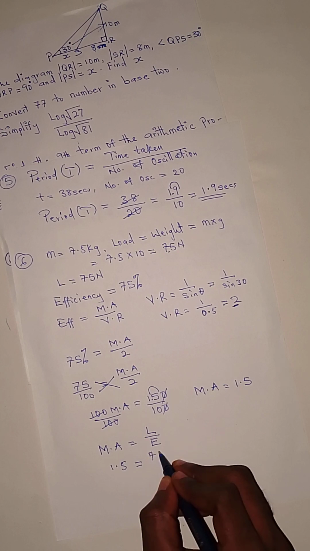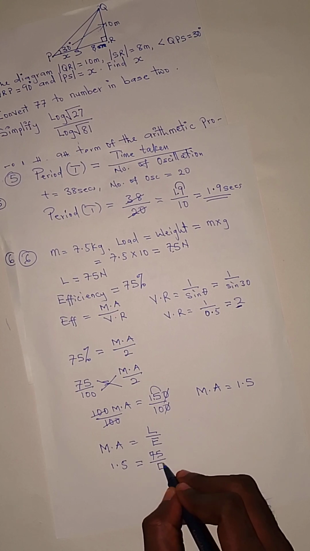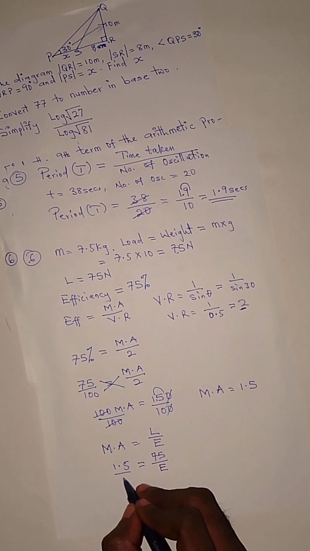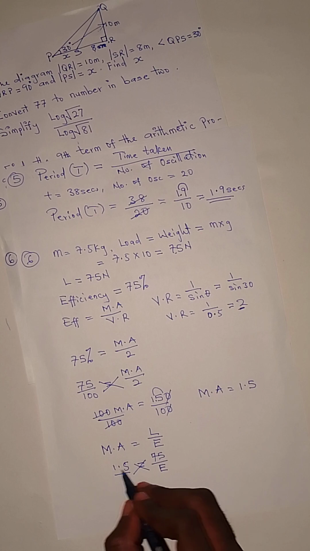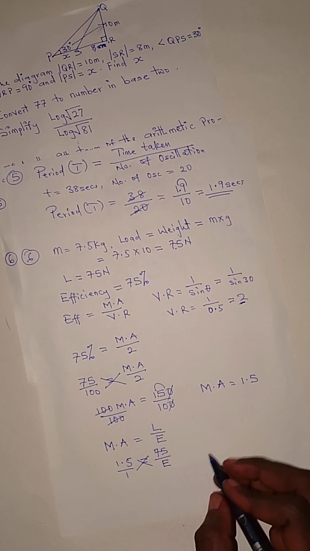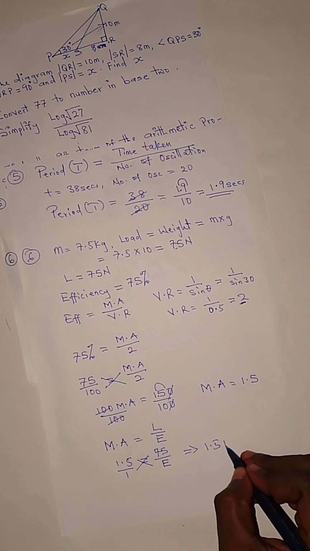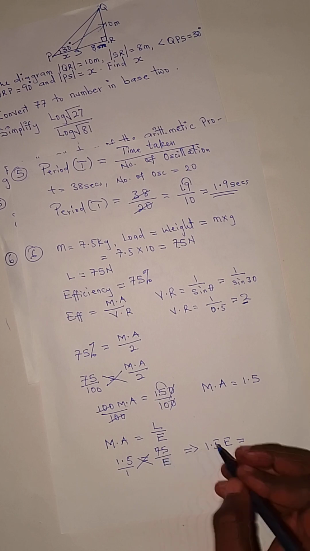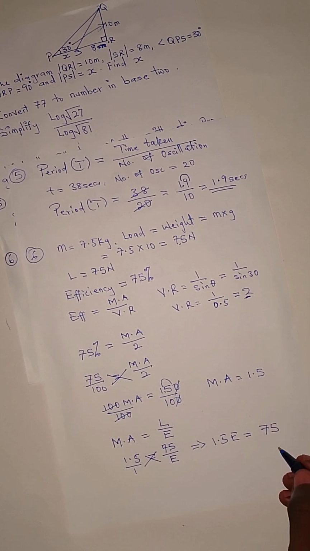So we say 75 all over E. So we are looking for this E. So we can divide here by 1. So we cross multiply. So 1.5 times E, that will give us 1.5 E equal to 75 times 1. That will give us 75.